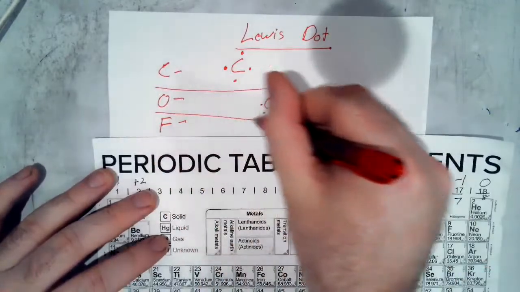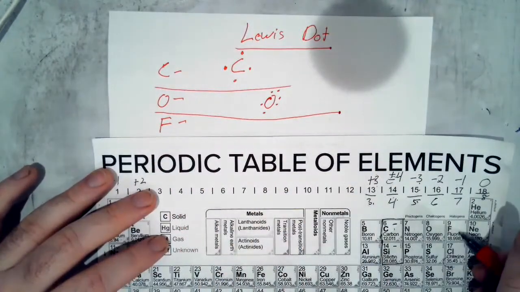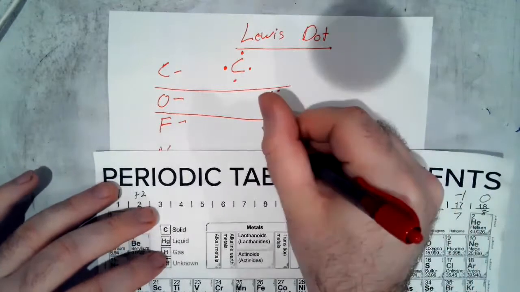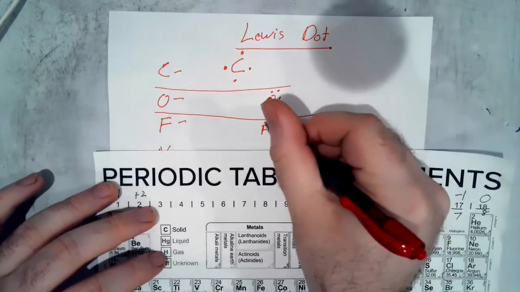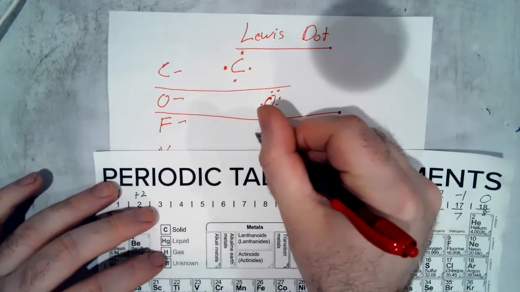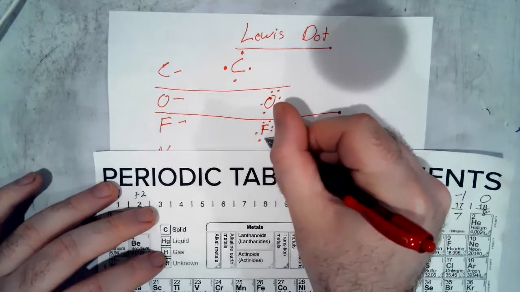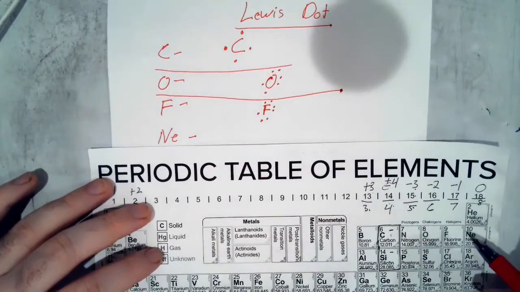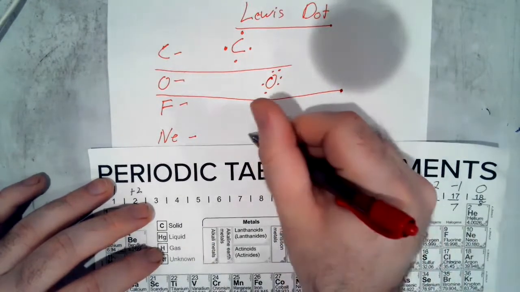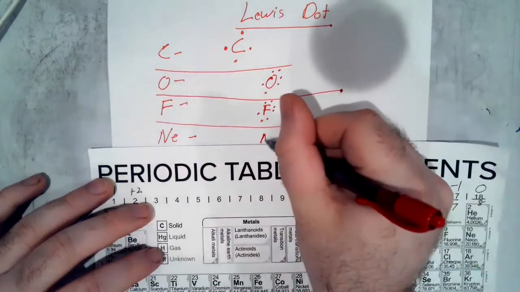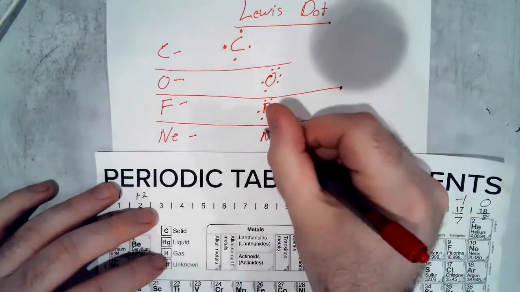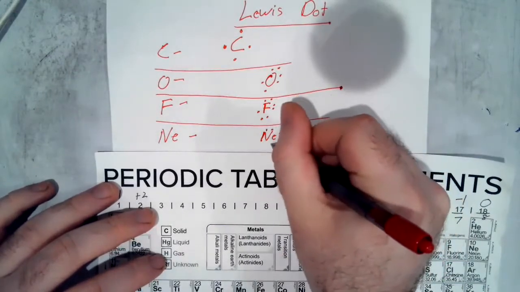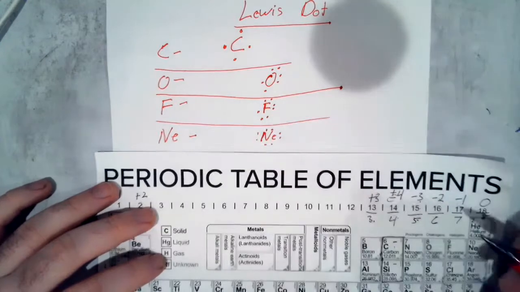Fluorine, column 17, 7 valence electrons. We draw the chemical symbol, 1, 2, 3, 4, 5, 6, 7. And finally, we get to neon. Neon's right here. Neon, we're going to draw the chemical symbol first, and we're going to draw 8 dots. 1, 2, 3, 4, 5, 6, 7, 8.